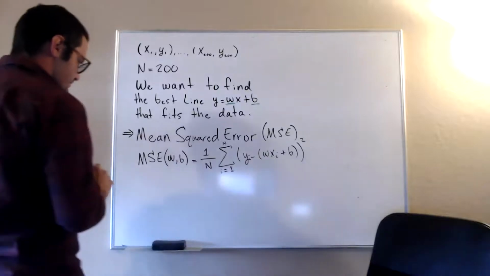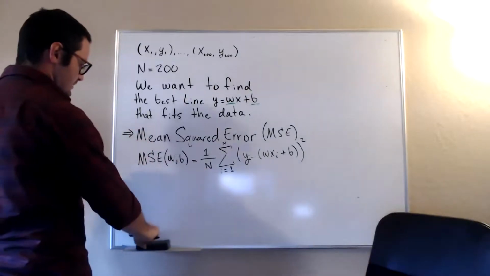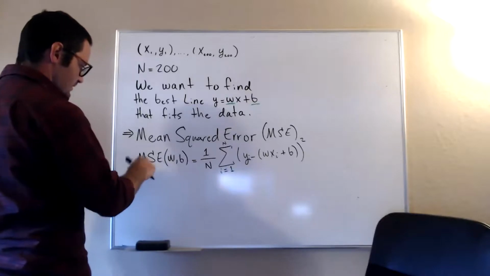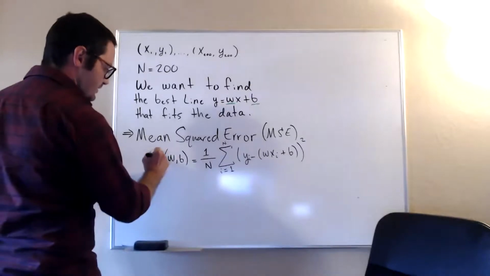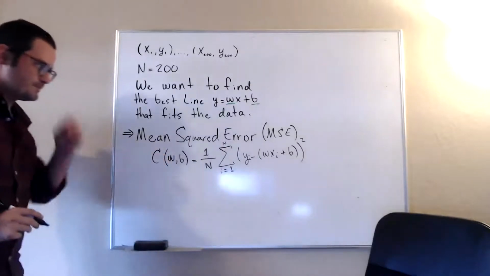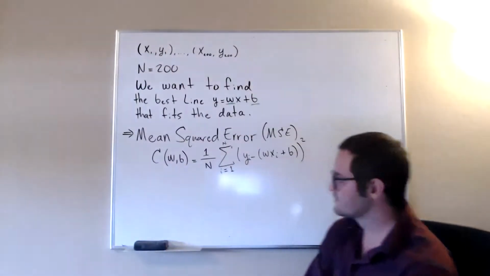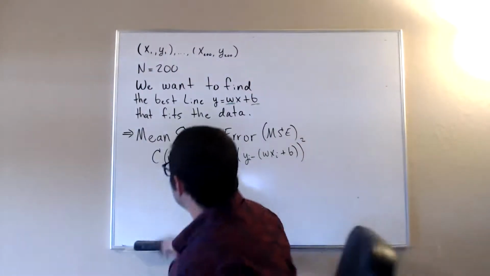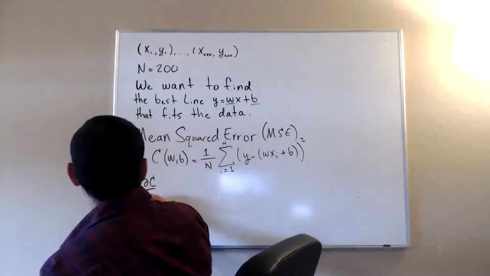Well, let's just call it the cost function for now. But some people use MSE to represent this. So let's look at the partial derivative with respect to w.